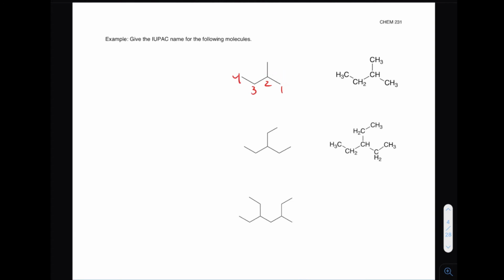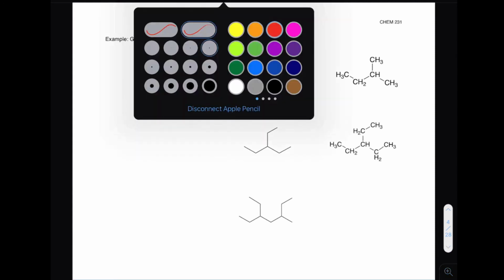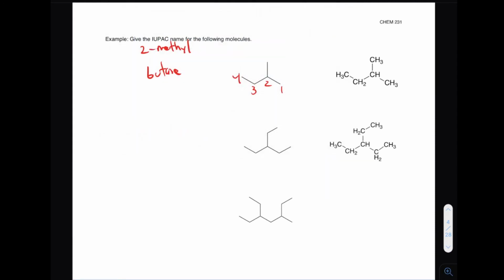Okay. So again, 1, 2, 4. We know that is butane. At the 2 position, we have that methyl group, so we know we have a 2-methyl here. So organizing these things together, we have 2-methylbutane.